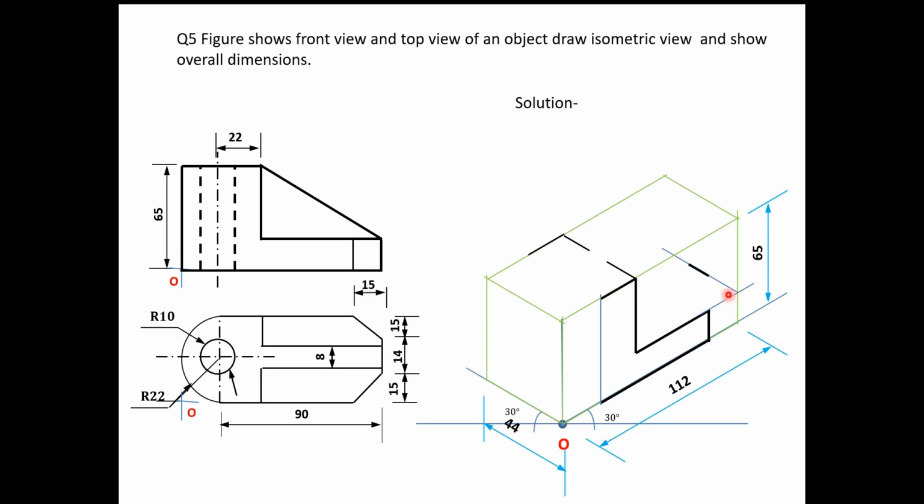Now mark the 8 mm distance. Go here, at a 15 mm mark here, and this is 8 mm. Now join these edges, so you can see here. Now this edge is like this. Again this edge.